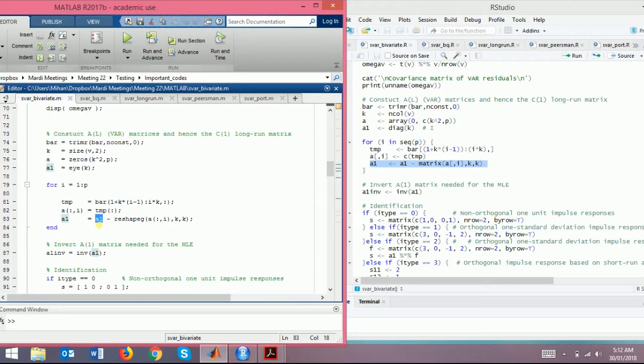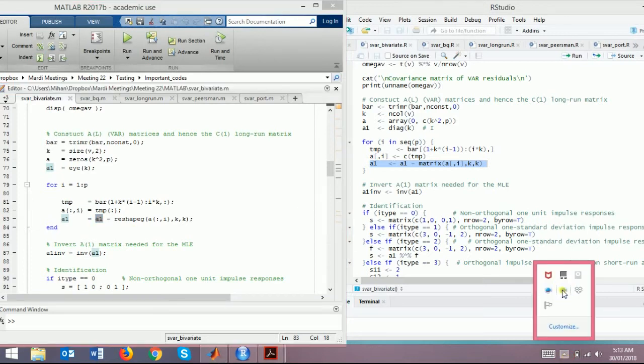What is A1? Okay, so you have a 2 by 2 matrix here. Give me 1 second. I'm not sure how to explain this.